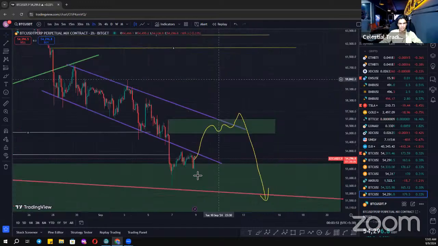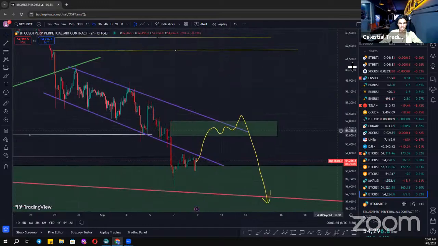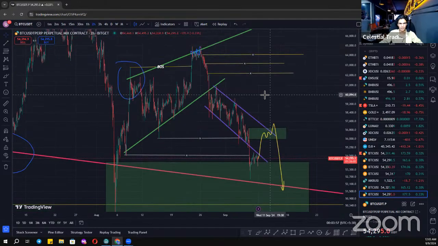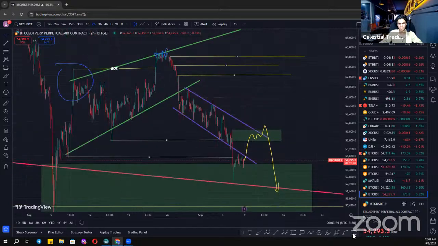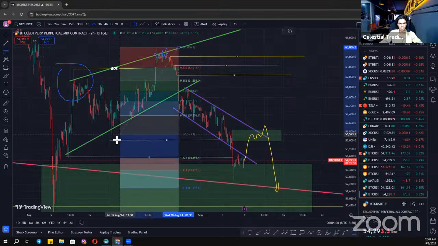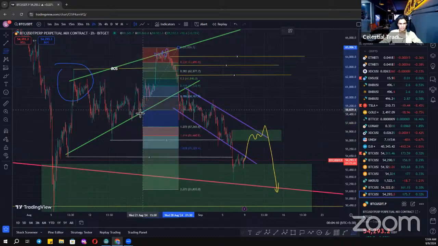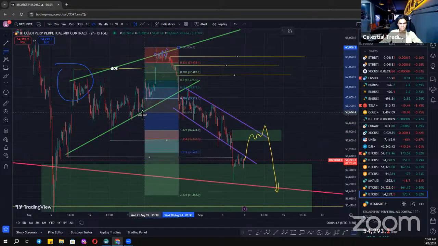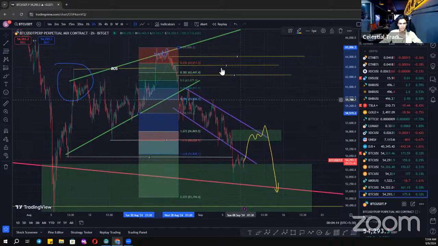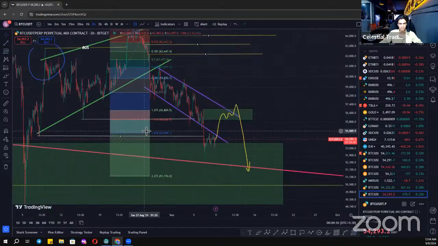But it has gone to the desired price, and you can see the desired price that I was looking for was this area.